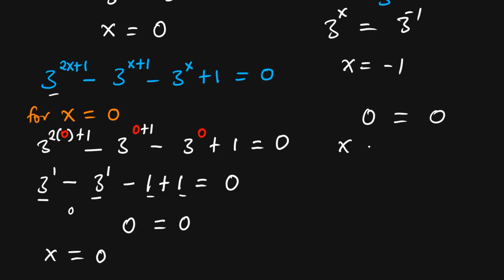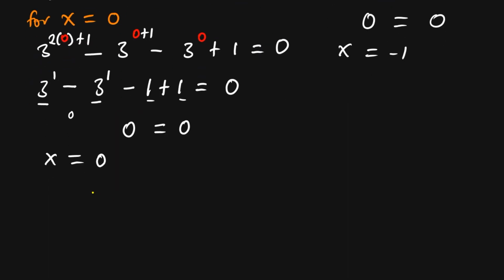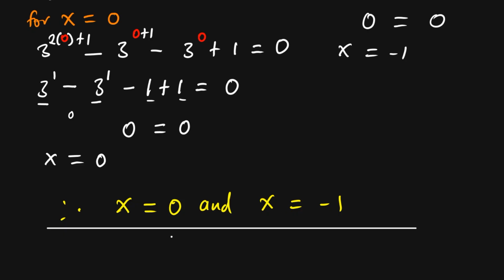Thus, x equals -1 is also valid. Therefore, let's conclude. Therefore, x equals 0 and also x equals -1. This is the solution to our problem.